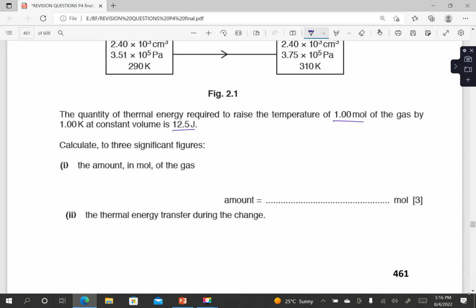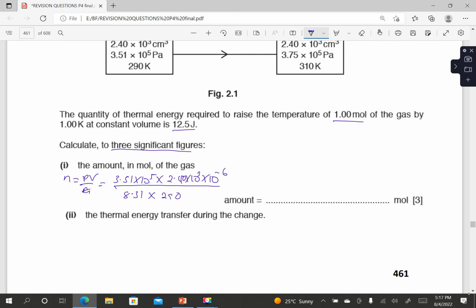Let's first find the number of moles. So 3 significant figures. These are some of the things people don't capture. Using PV = nRT, the number of moles is n = PV/RT. This will be equal to pressure 3.51 × 10^5, volume 2.40 × 10^3 × 10^-6 to change it to meters cubed, divided by R, which is 8.31, times temperature, which is 290.